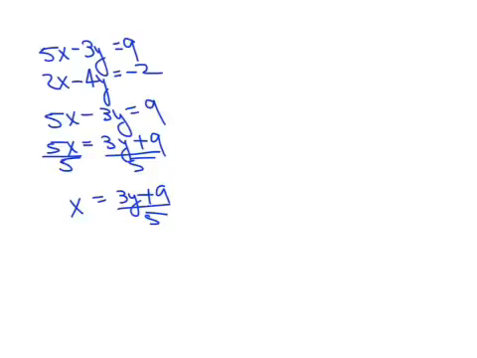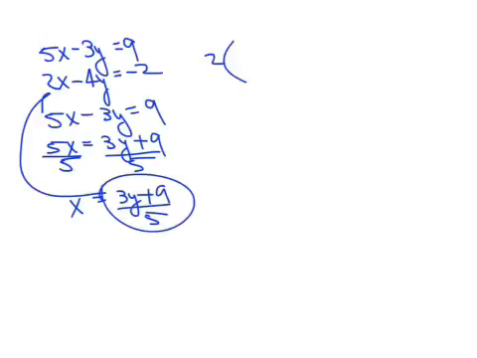Okay, so now what we're going to do is substitute this here into the second equation. What do we have? 3y plus 9 over 5 minus 4y equals negative 2.